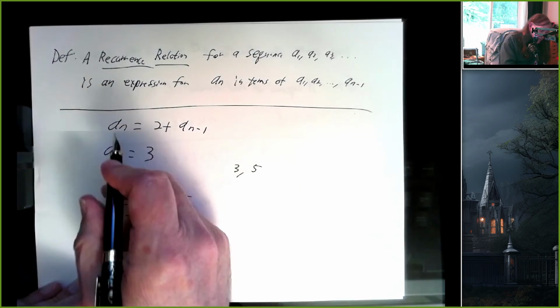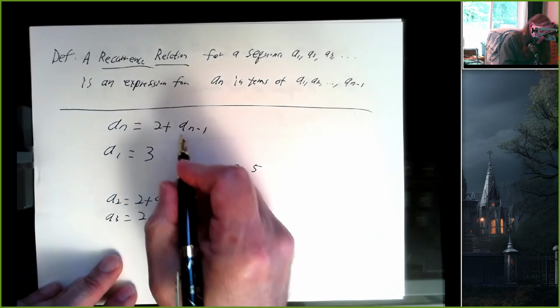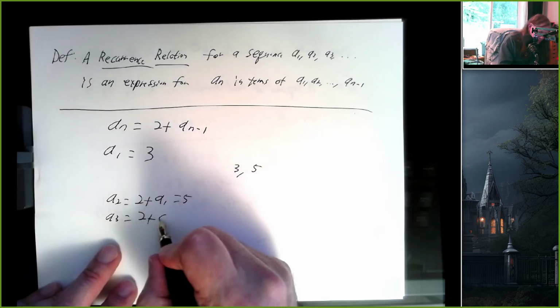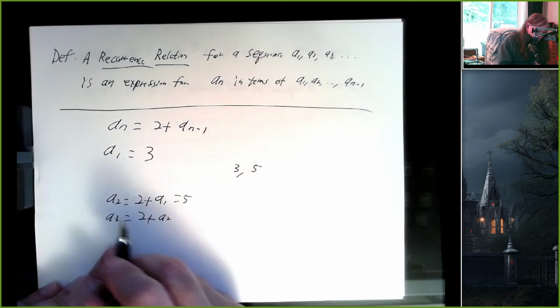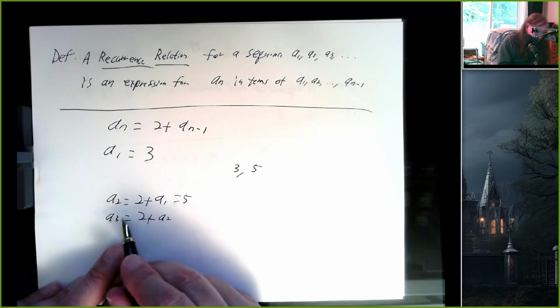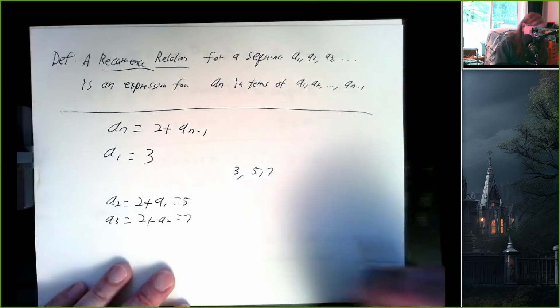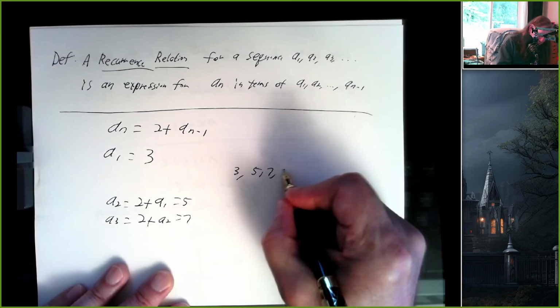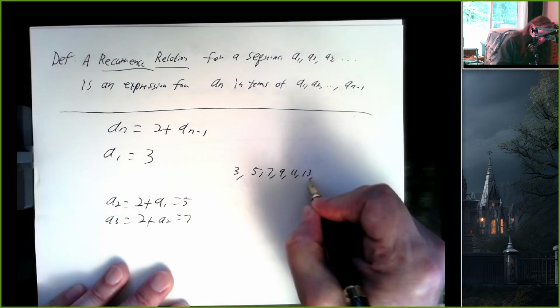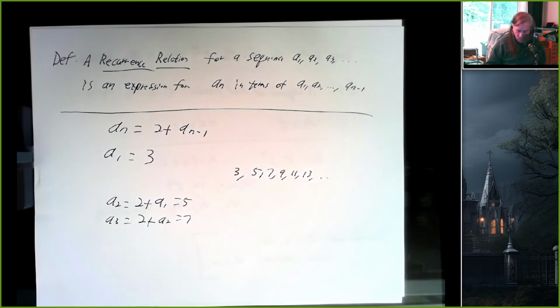The third, A3, will be equal to 2 plus A, 3 minus 1 is 2, 2 plus A2. And A2 we just discovered was 5, so A3 is equal to 7. So yeah, this is just a set of odd numbers, starting with 3. So that's all there is to this. But it turns out this is going to be a really, really important concept.